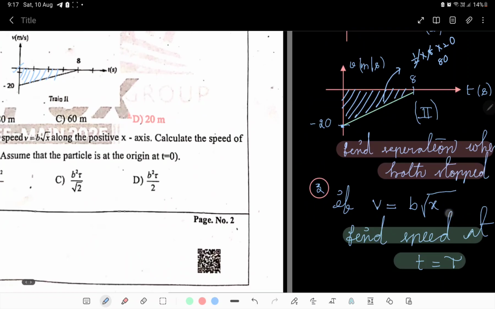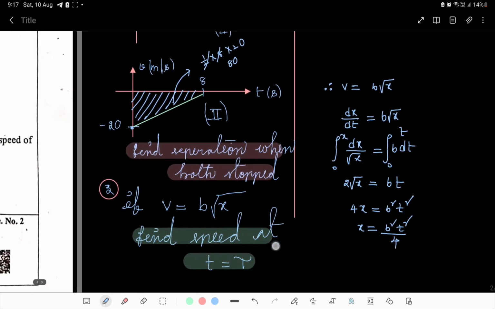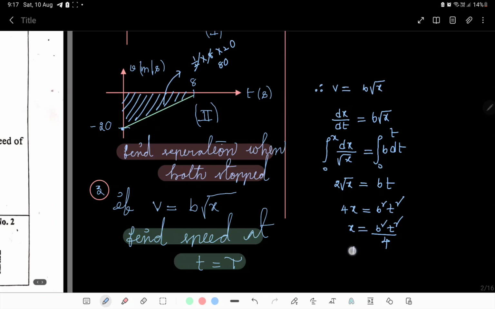Therefore to find the speed, we differentiate again, because we get this displacement. We will have dx by dt equal to, if we differentiate, a b square 2t by 4. And we have to integrate from 0 to tau, so everything becomes tau, and this one will cancel.